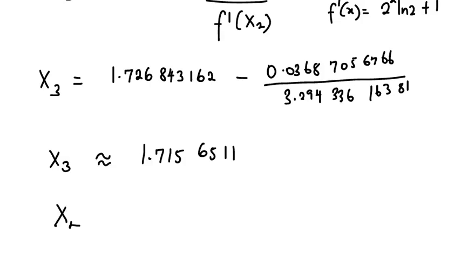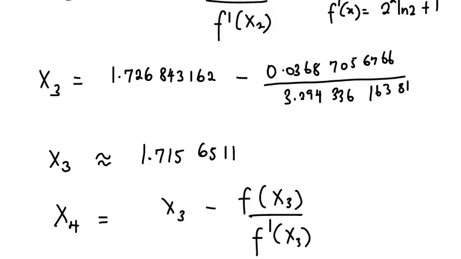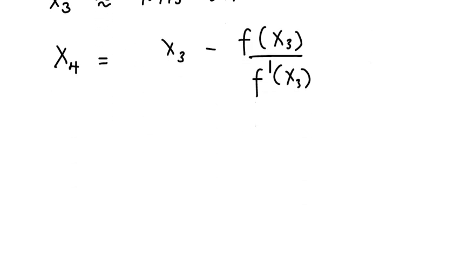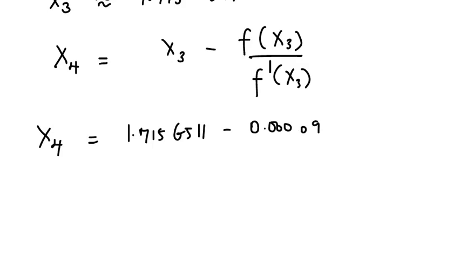So our x of 4, remember from the formula, is going to be x of 3, the previous one, minus f of x of 3 divided by f prime of x of 3. So here x of 4 is going to be equal to 1.7156511 minus, so when you input x of 3 into the function, we get, wow, 0.00009499907 divided by f prime of x of 3.